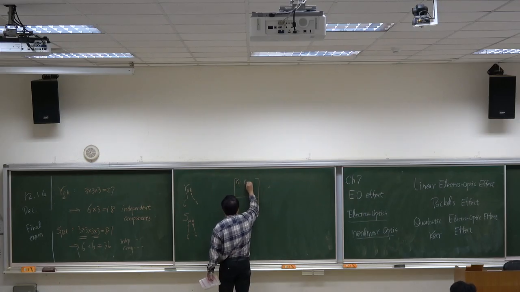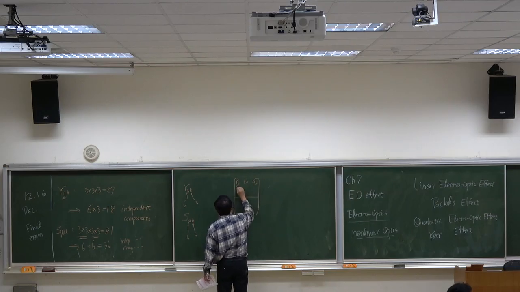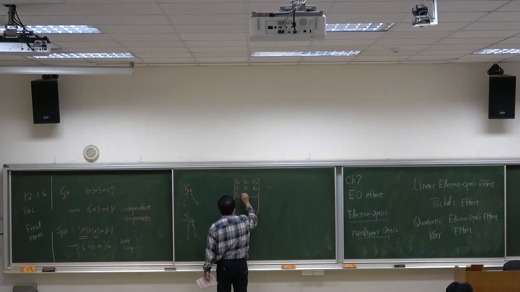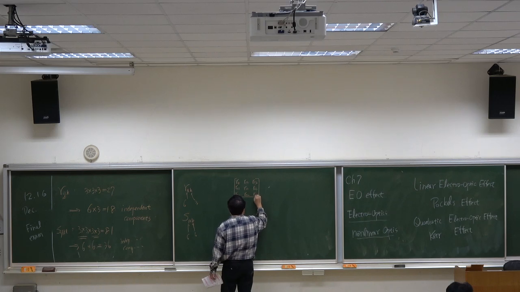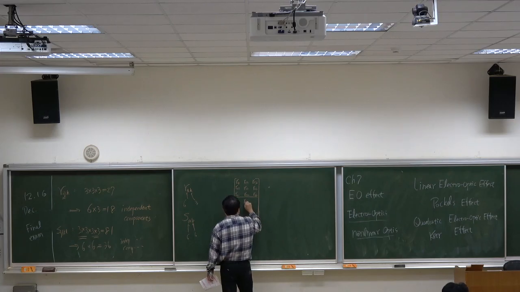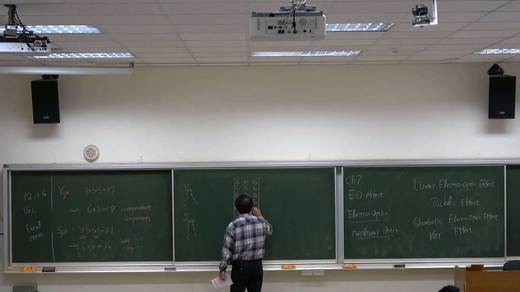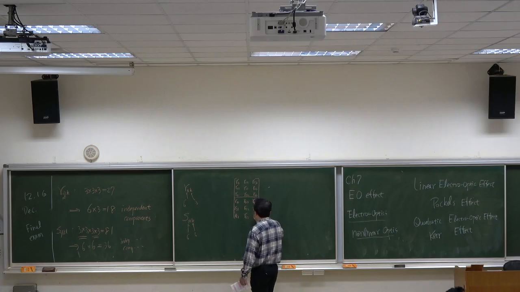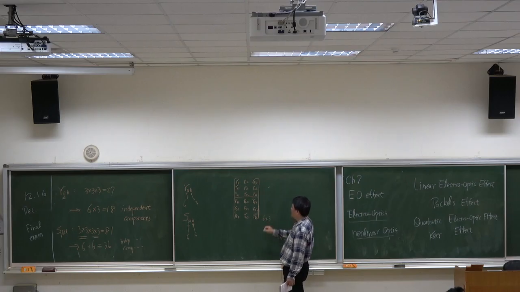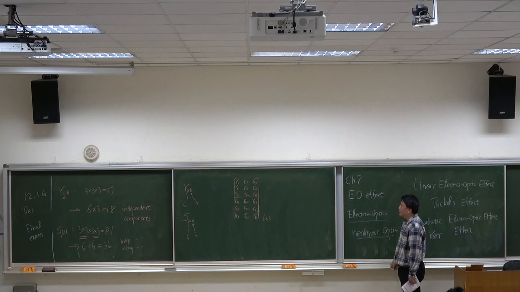R11, R12, R13, R21, 22, 23, R31, 32, 33, 41, 42, 43, 51, 52, 53, 61, 62, 63. 它写起来就是一个6乘3的矩阵，6 by 3 matrix.